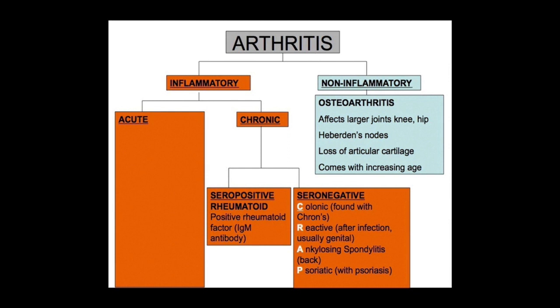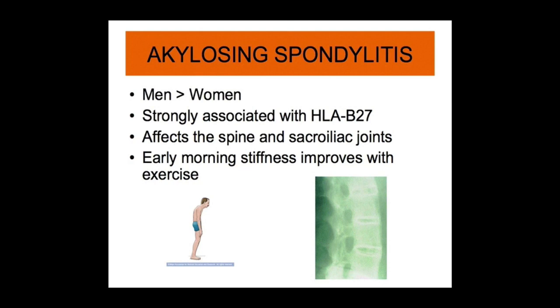The last two, A stands for ankylosing spondylitis, and P stands for psoriatic arthritis, and we'll cover these in a bit more detail. A is ankylosing spondylitis, and this is one of the rare arthritides that actually affects men more than women. It's strongly associated with the HLA gene HLA-B27, with over 95% of patients who have ankylosing spondylitis also having HLA-B27.